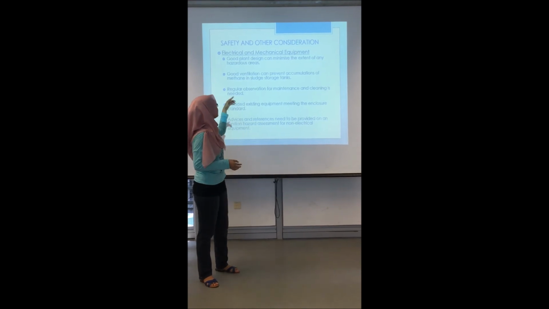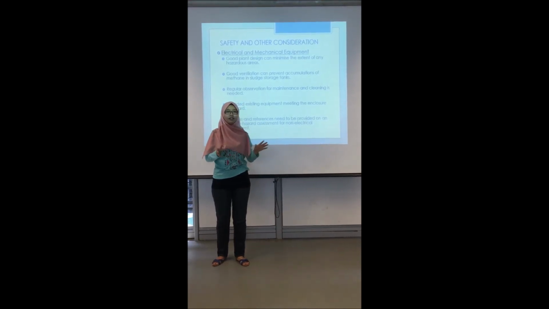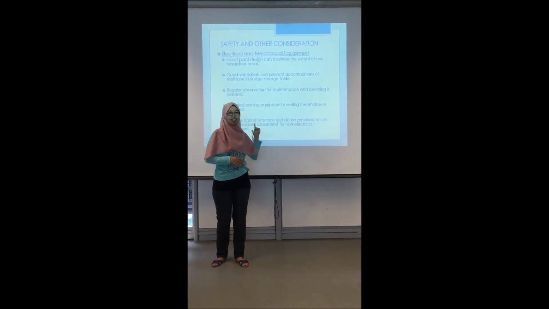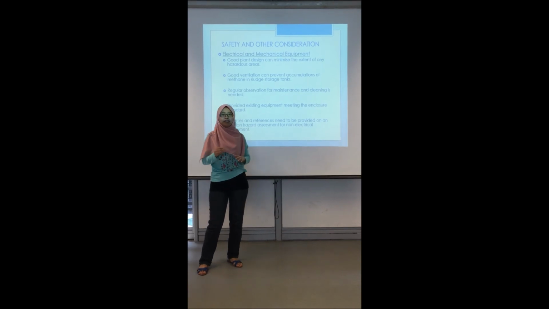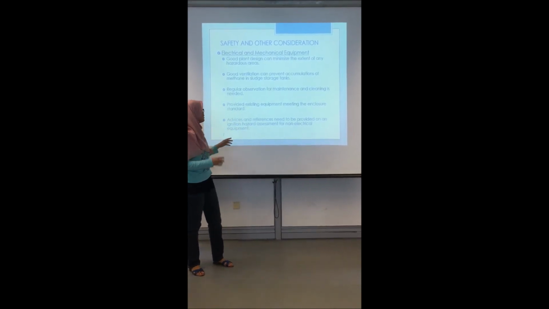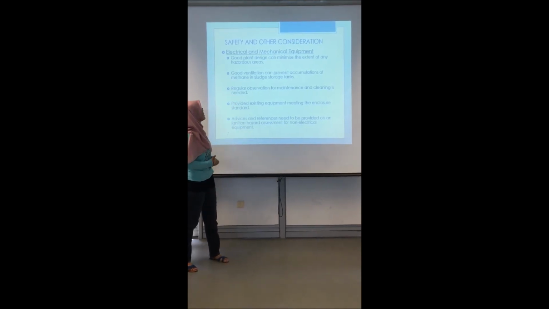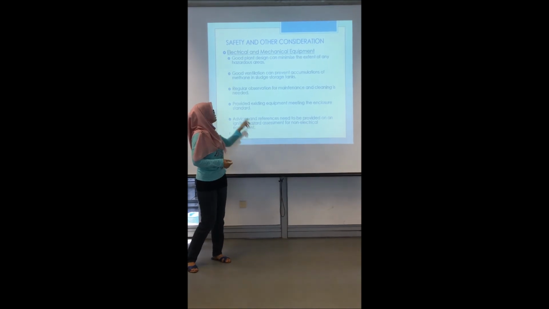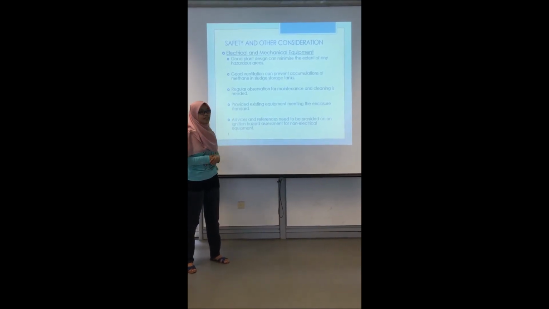I'll proceed to the safety and other considerations. As you all know, in the plant we have all the machinery, mechanical and electrical equipment. So this is the basic safety consideration that we need to pay attention to. Good plant design can minimize the extent of any hazardous area. The second one is that good ventilation can prevent accumulation of methane in the sludge storage tank.